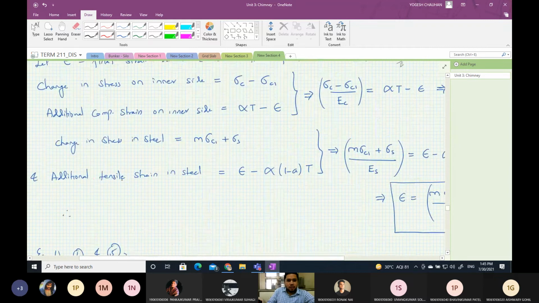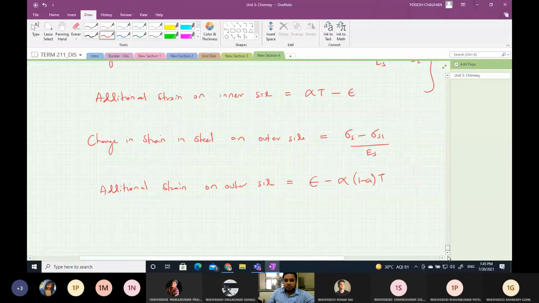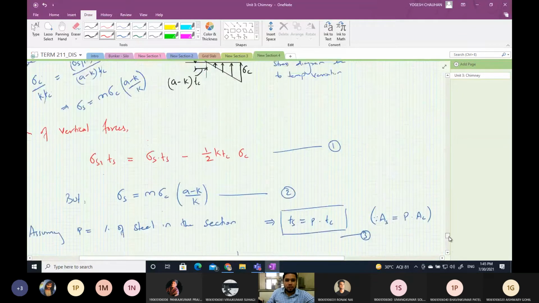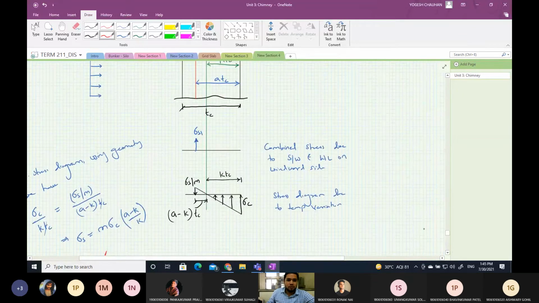The additional tensile strain in steel will be epsilon minus alpha times 1 minus a times T, where epsilon is the final strain and 1 minus a times T is the temperature corresponding to the level of the reinforcement.